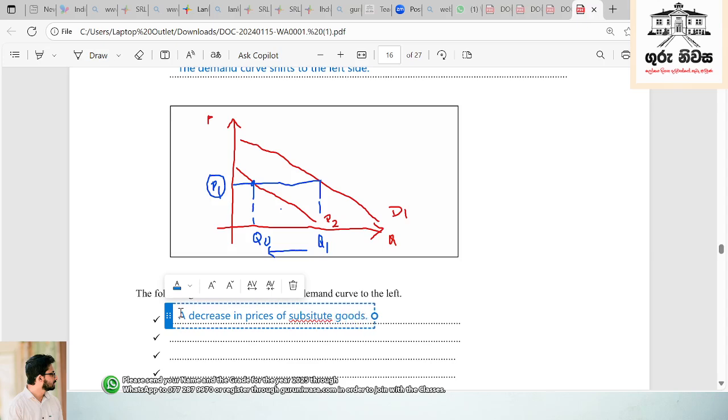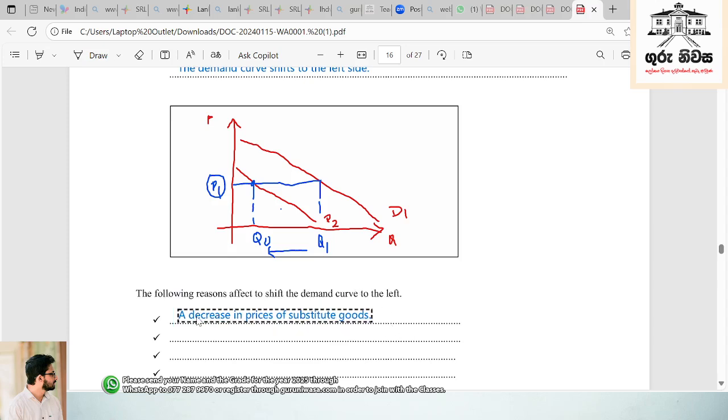So one possible reason: if substitute goods prices are so much cheaper than our concerned good, then consumers will move to buy substitute goods, causing demand for our product to fall. Which means the demand curve shifts to the left side.